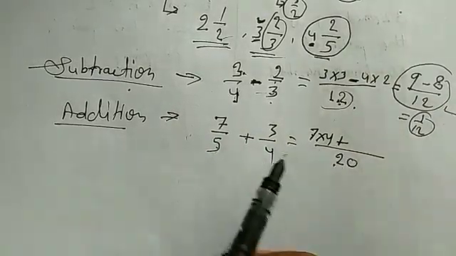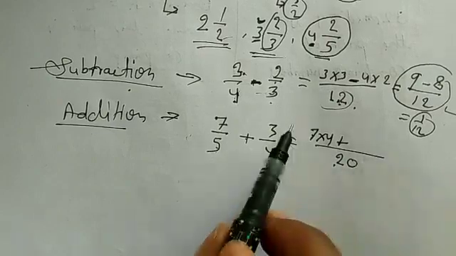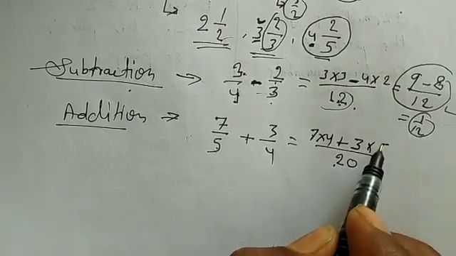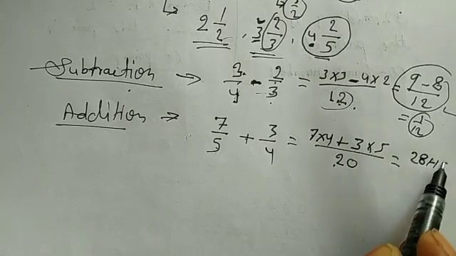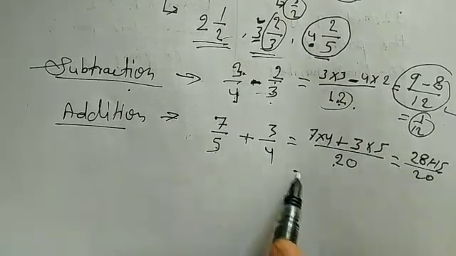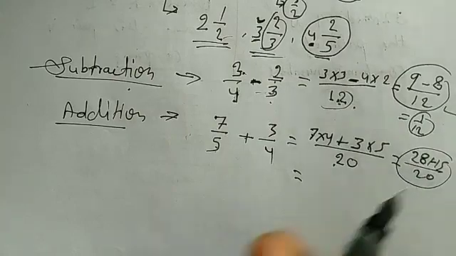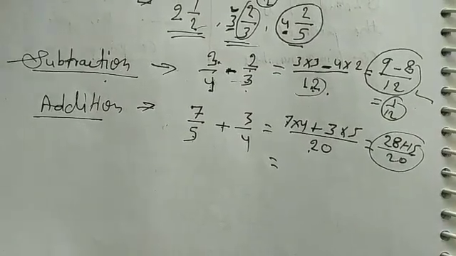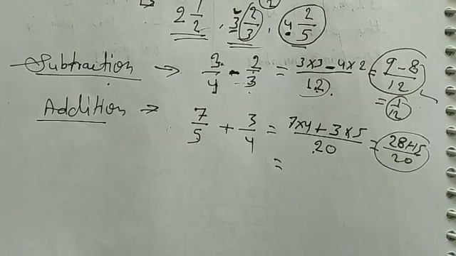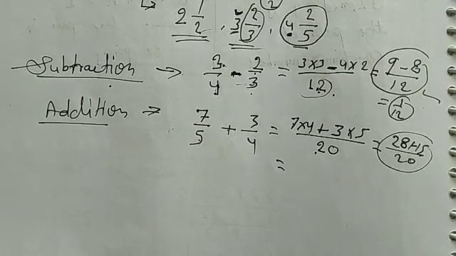Place the symbol here. 4 fives are 20, 5 will be multiplied with 3. That will be 7 fours are 28 plus 3 fives are 15, upon 20. Now solve this. This will be the addition. Both use the same procedure, subtraction and addition of fractions. These are some fundamental concepts of fractions.